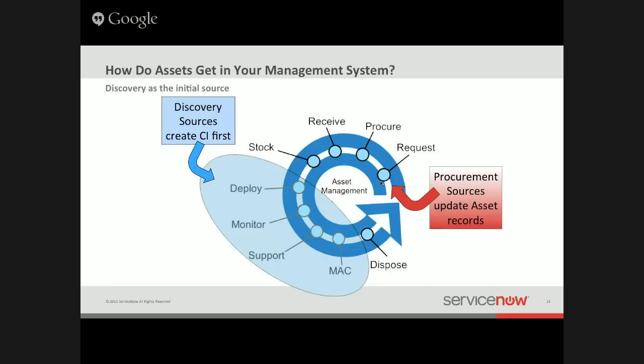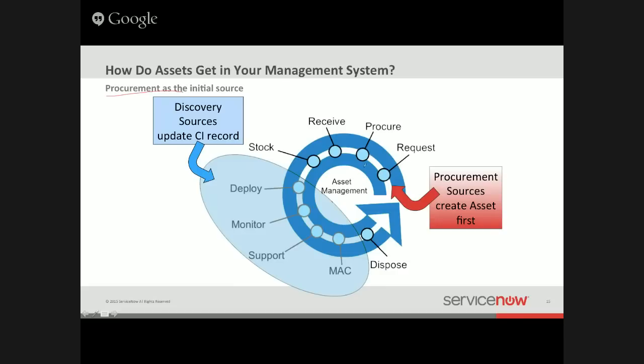And as you start working with asset management more and the procurement of the devices in your environment, you may see a shift where procurement really becomes your main source for creating these items. So then those asset records are created, and then discovery comes in.